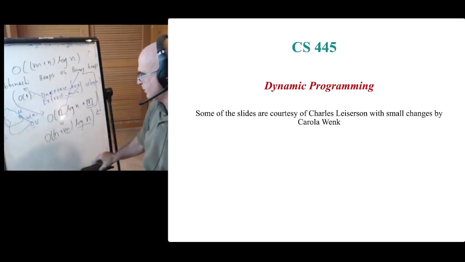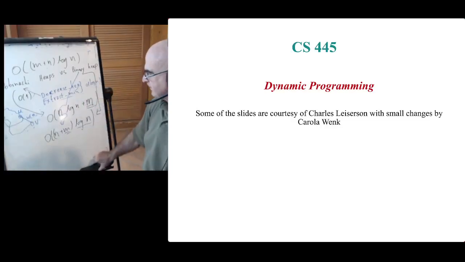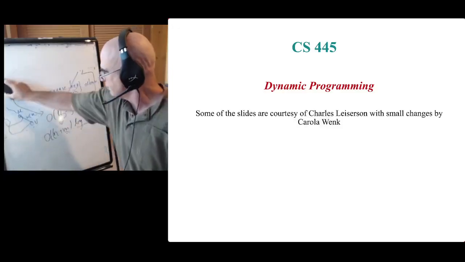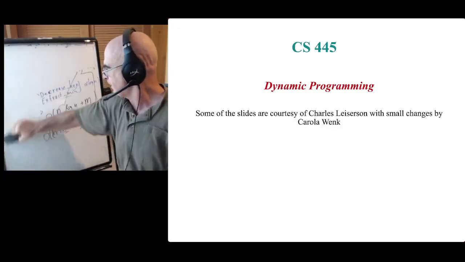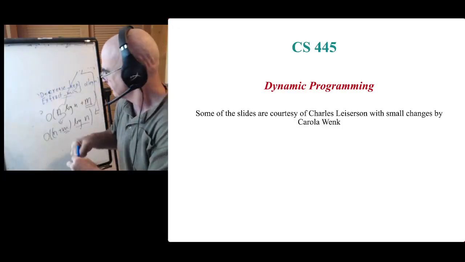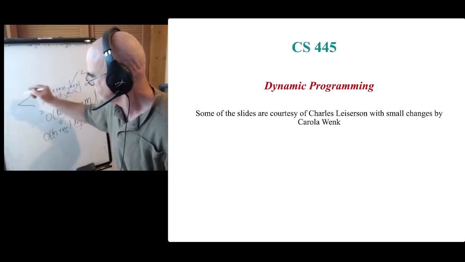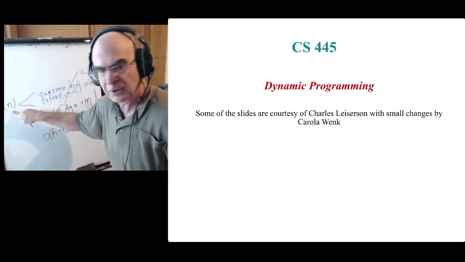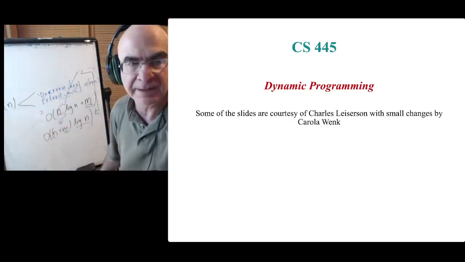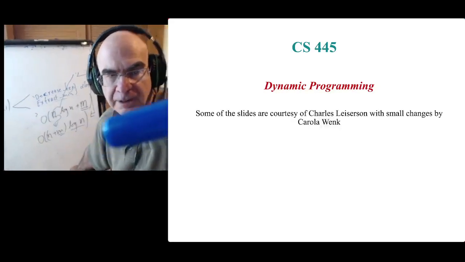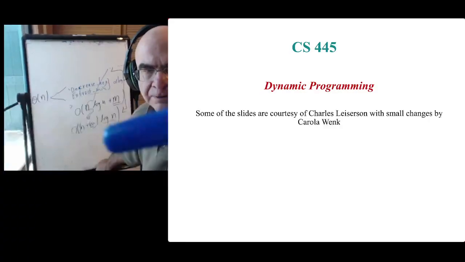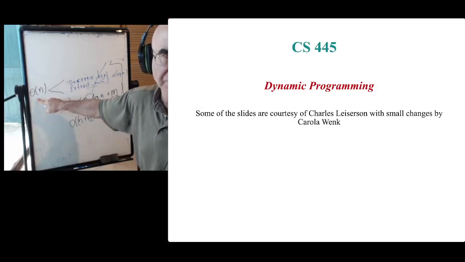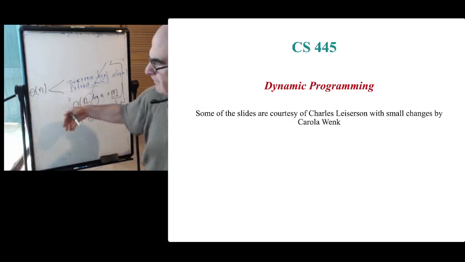If you are just using an array, then each of these two operations will take theta of n. Remember, theta means not less than n, not more than n, up to a constant.